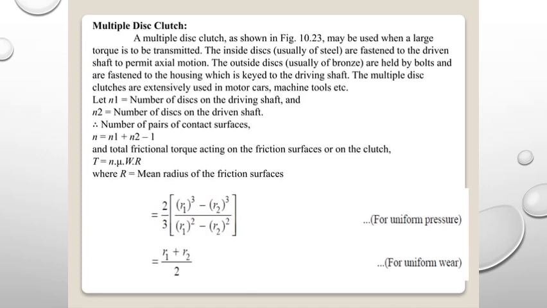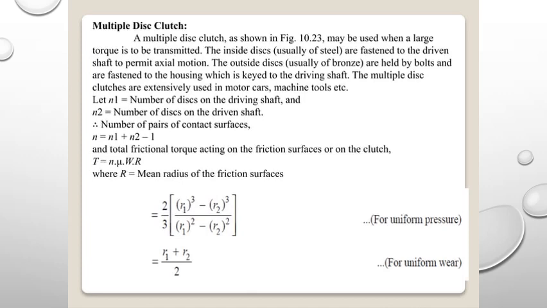Let N1 equal the number of discs on the driving shaft, N2 equal the number of discs on the driven shaft. The number of pairs of contact surfaces N equals N1 plus N2 minus 1. The total frictional torque is T equals N mu W R, where R equals the mean radius of friction, that is R1 plus R2 by 2.